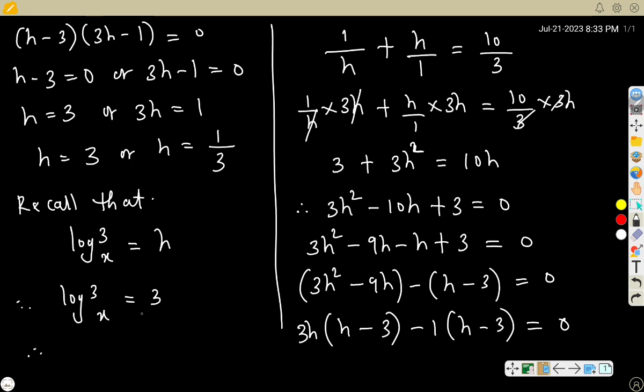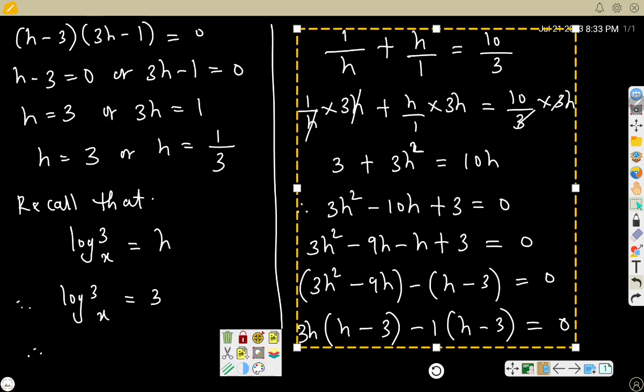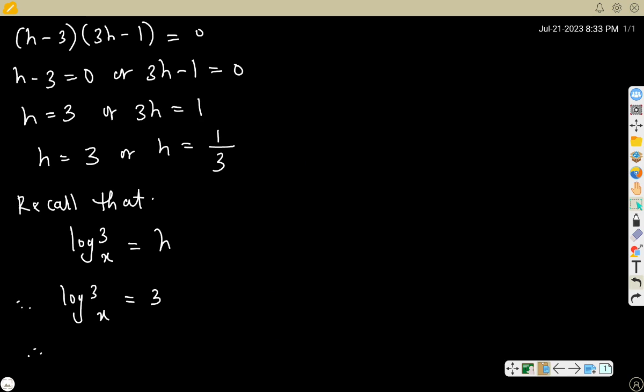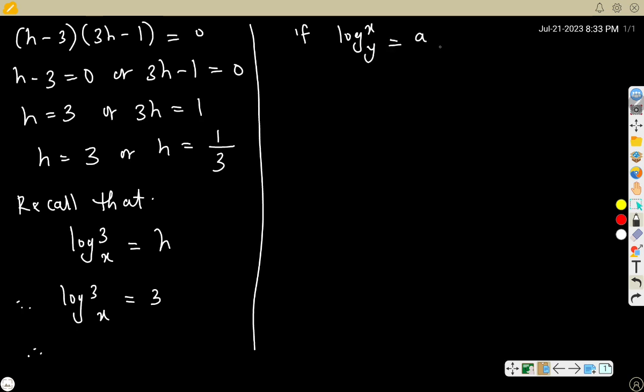There is another law of logarithm you are going to apply here. This law: if log x base y is equal to a, then x is equal to y raised to power a. Anything you have here will carry this one as power.